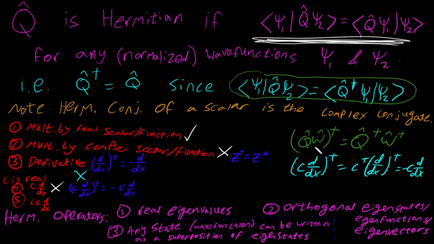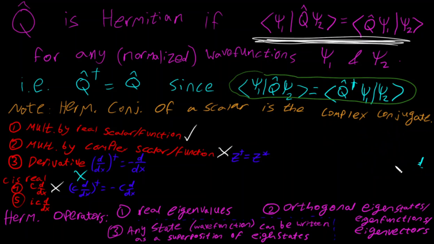And just so you know, you can actually prove this property with the integral definition. In general, without the integral definition, and with vectors, the property is not exactly correct. But if you would like to, you can take my word on it, or you can go and prove it. Lastly, number 5. If I have I times C times d by dx, and that property can be generalized to however many operators, the Hermitian conjugate is I Hermitian conjugate times C d by dx Hermitian conjugate.